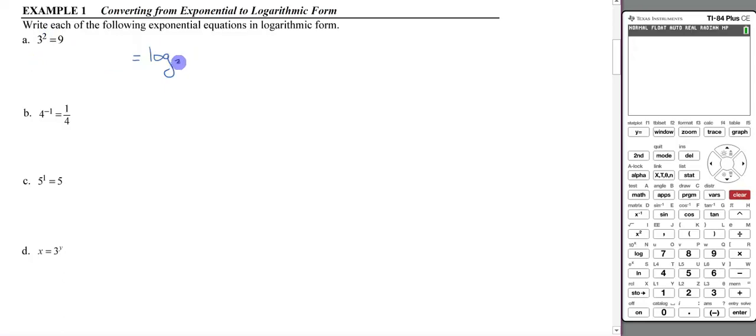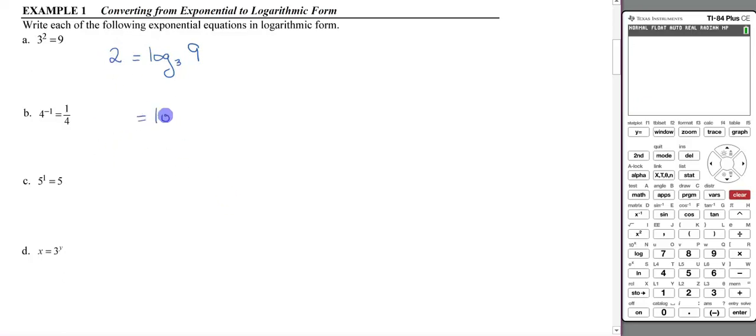So the base is 3. And remember that a log is an exponent. The exponent is 2 over here, so that's what the log is going to equal, 2. The exponent I put on base 3 to get 9 is 2. The exponent I place on 3 to turn it into 9 is 2.